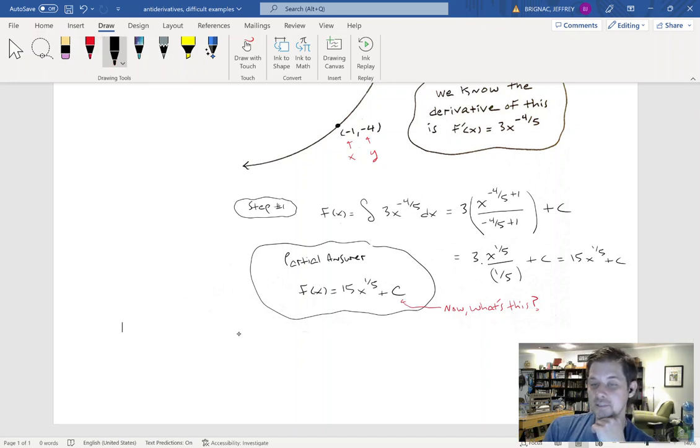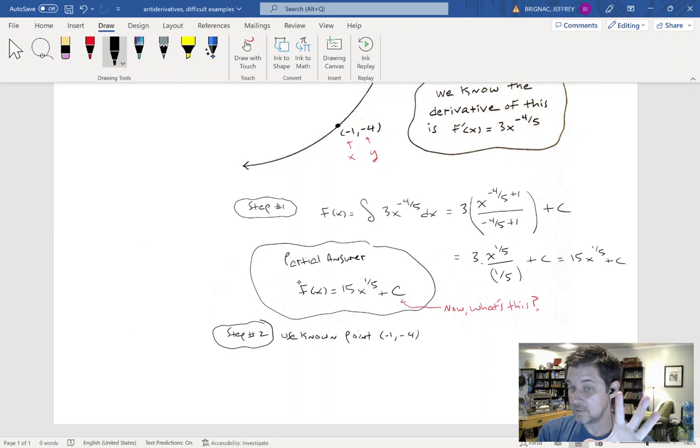Okay, so let's do this. Proceeding to step 2, I'm going to use the known point. That known point is that x is -1 and y is -4.